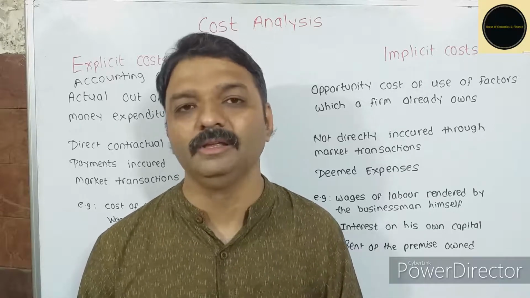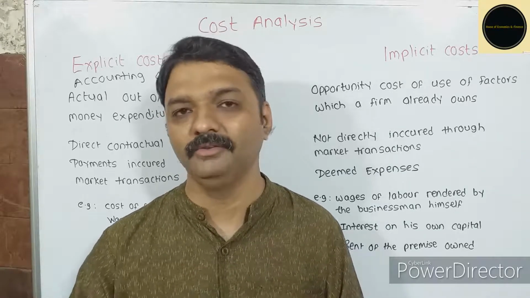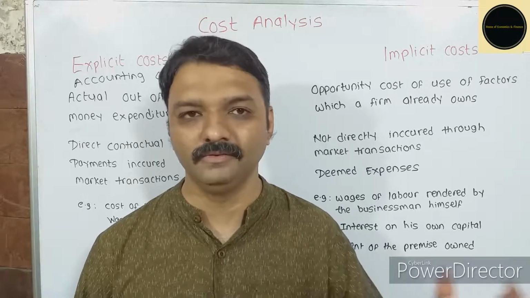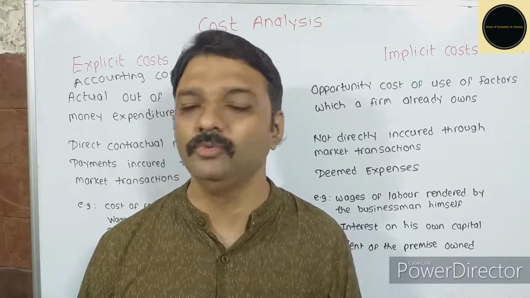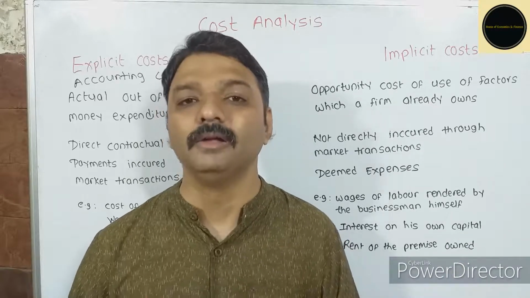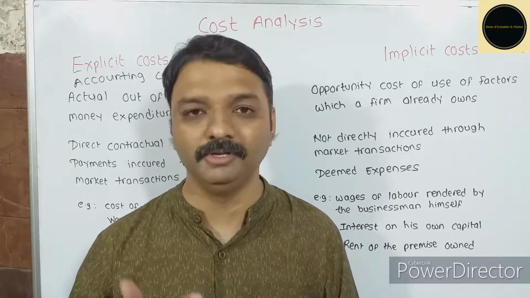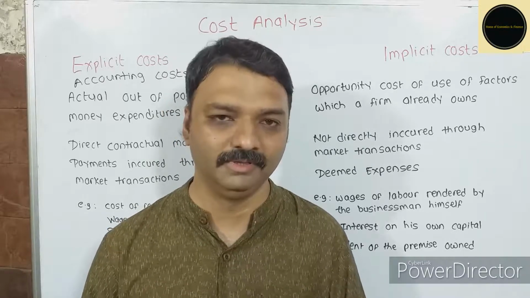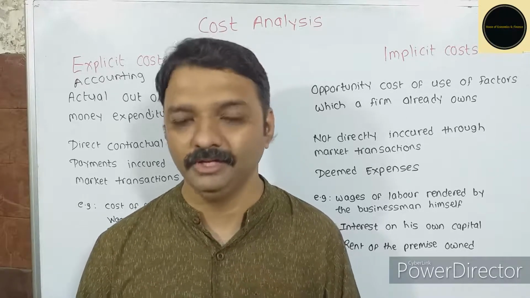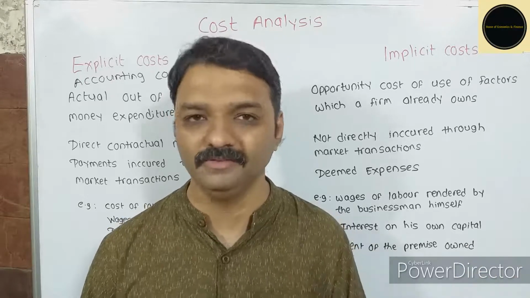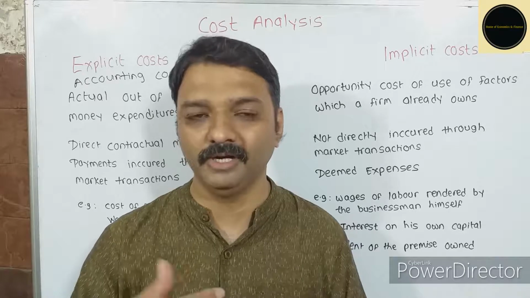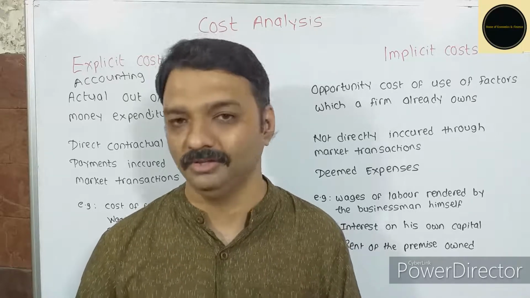Let us say an entrepreneur is working in his factory, and he has hired 2 managers. He is paying salary for that, but the entrepreneur himself is also working in his factory. Is he paying himself the salary? No. He is paying salary to his employees, yes. But is he paying for the services which are provided by himself in that work? No.